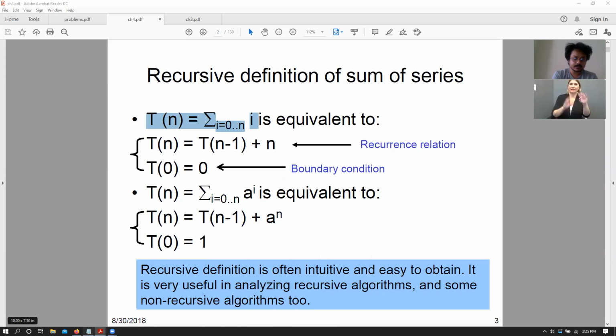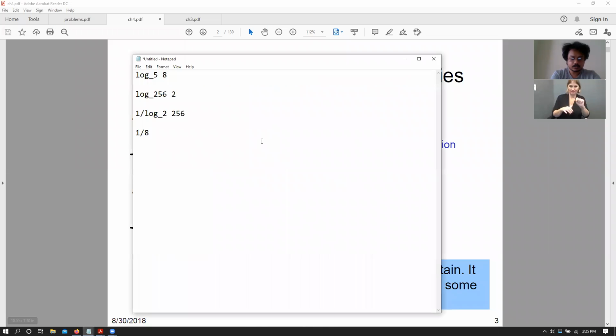So if I just type this out, T of 5 is going to be 0 plus 1 plus 2 plus 3 plus 4 plus 5, let's say. But we know that, with the same reasoning, T of 4 is going to be 0 plus 1 plus 2 plus 3 plus 4.